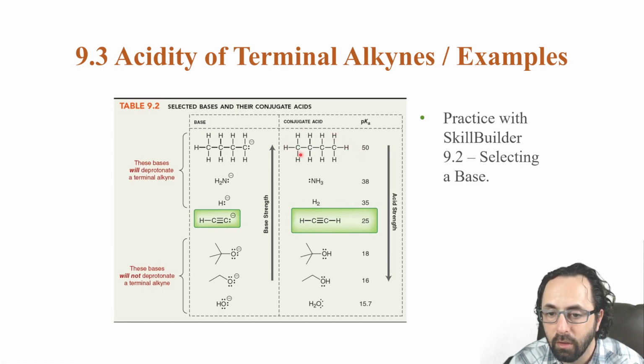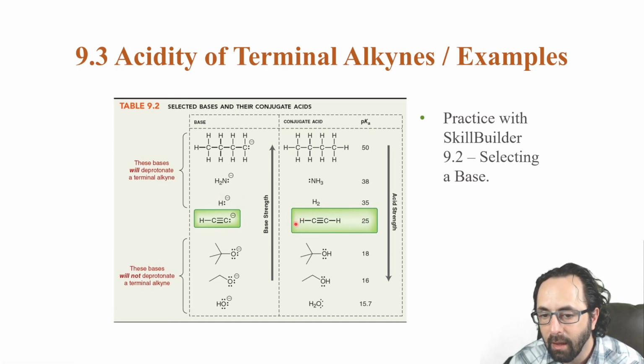So the conjugate acid here is the weakest acid, making the conjugate base here the strongest base out of these that are listed. In terms of pKa, ammonia is shortly behind at 38, and so the fact that this acid is so weak makes the base particularly strong.